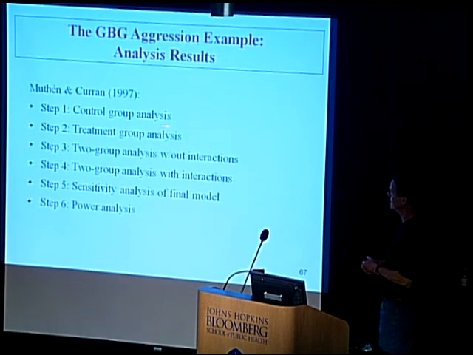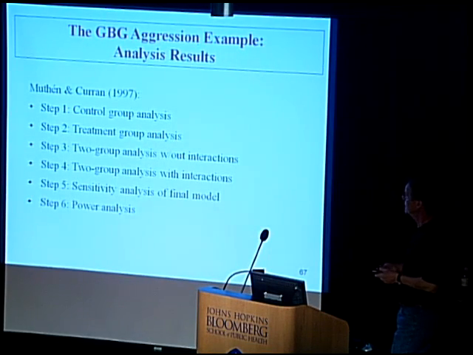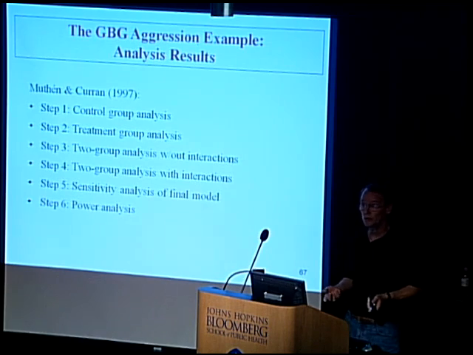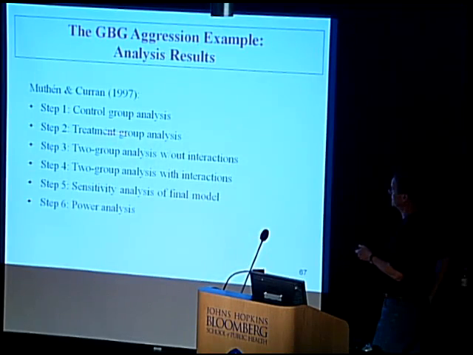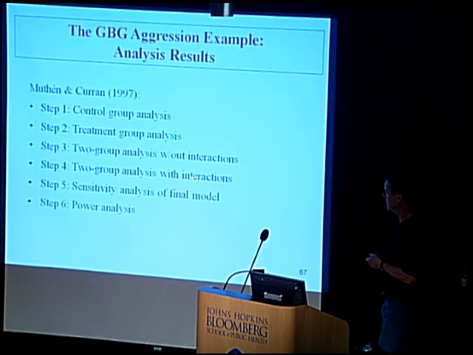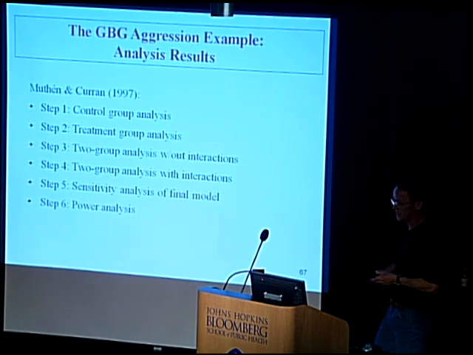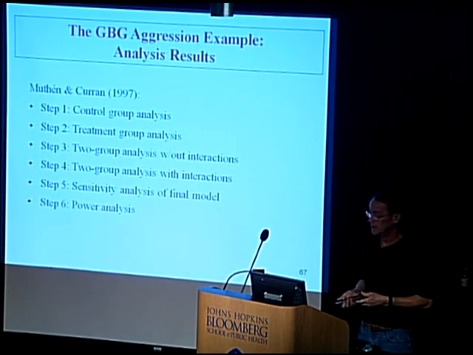First, the control group analysis, so that's the development in the absence of intervention, the normative growth in what aggressive disruptive behavior looks like among children in these classrooms. And then a separate treatment group analysis to see how similar they are. And then a joint 2-group analysis. First a simple model, and then a more elaborate model with the interactions. And when I say interactions, I mean treatment baseline interaction. And then scrutinizing the final model using sensitivity analysis, modifying some aspects of the model to see if the key findings are still there.